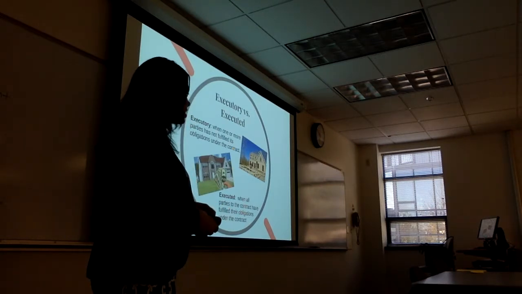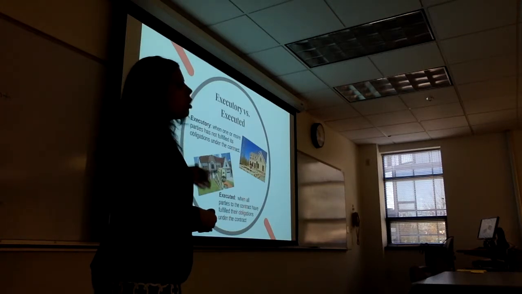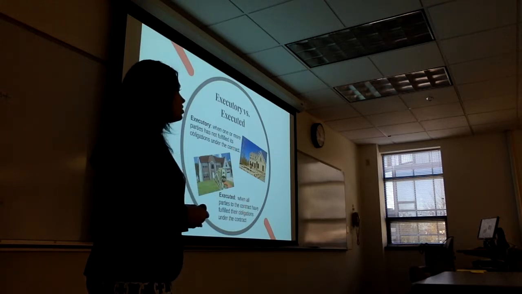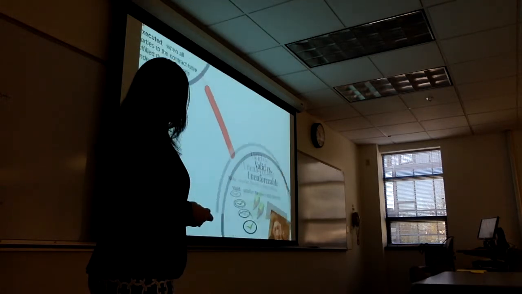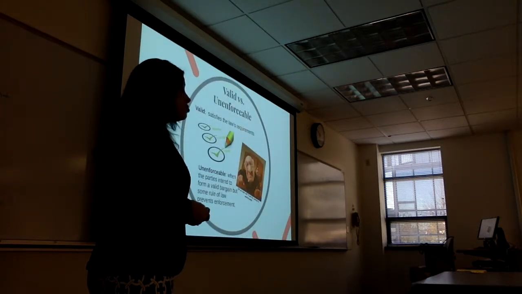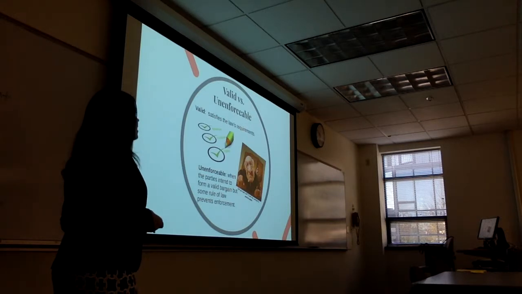Whereas executed, it's complete. They've both fulfilled their obligations. For example, you go to buy a home, you get the funding to purchase the home, and then you start living in it. You've completed the contract at that point. It's executed. Now you'll see these words come up a little bit when we get towards legality and capacity, the idea of a valid contract.